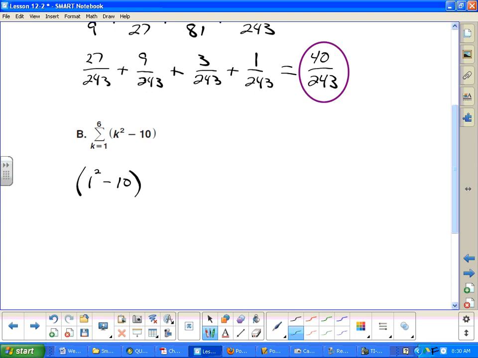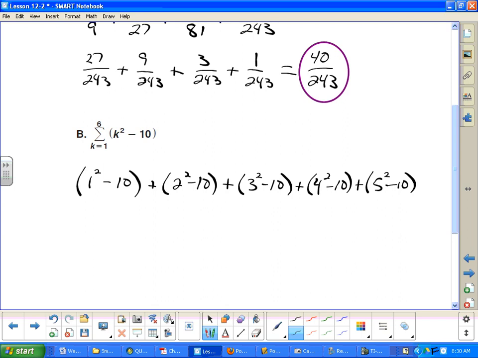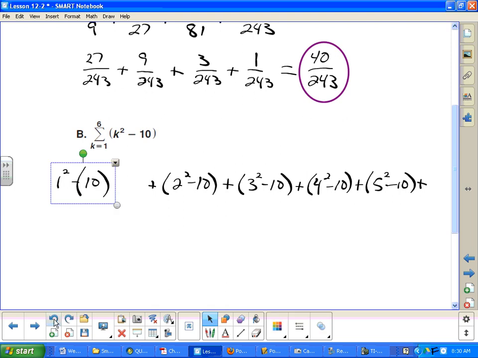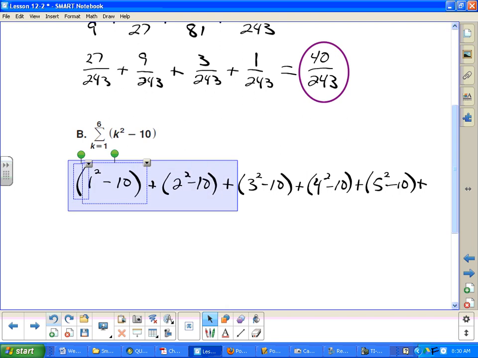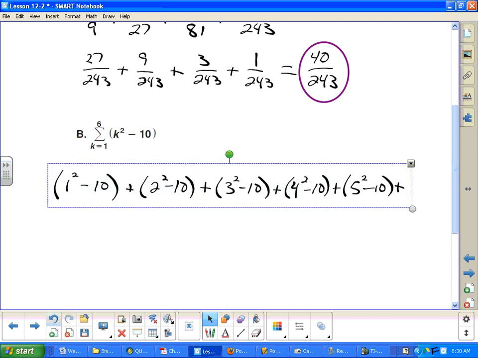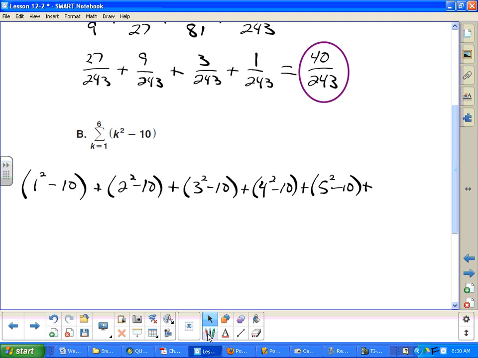So we'll put 1 in for k, and then 2, 3, 4, 5, and 6. Okay. So we write it all out. We put 1 through 6 in for k.